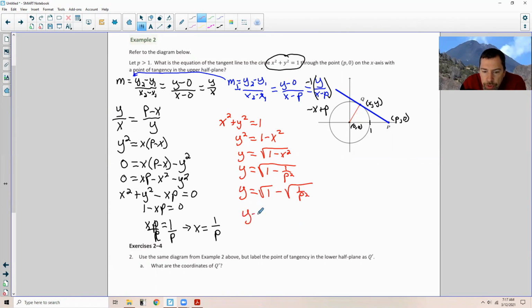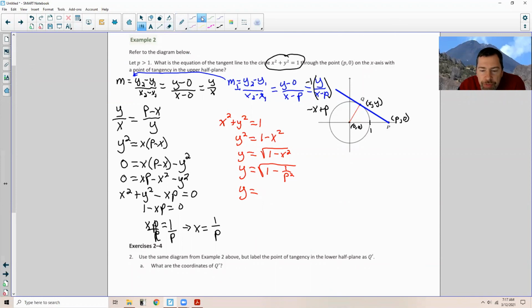So y is going to equal 1 minus 1 over p. No, it's not. Let me see. Okay. Disregard this step right here. I cannot break up a radical with a subtraction in between. I don't know what I was thinking.